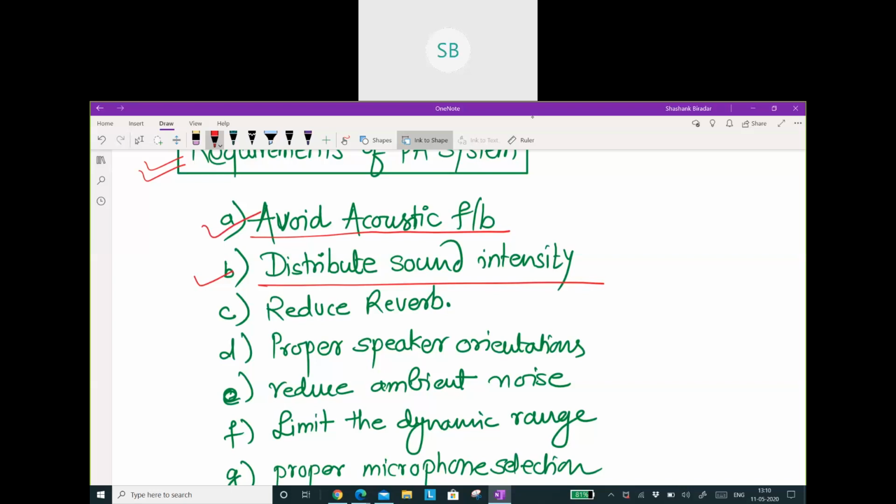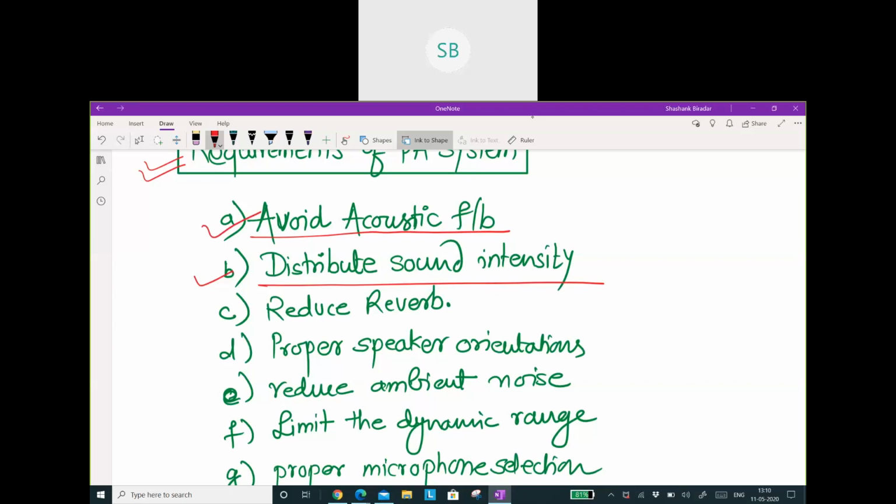Instead of using one or two huge speakers near the stage, it is always better to use small loudspeakers spread over the entire auditorium. Here what we intend is, for a particular crowd, don't use big speakers at the stage.